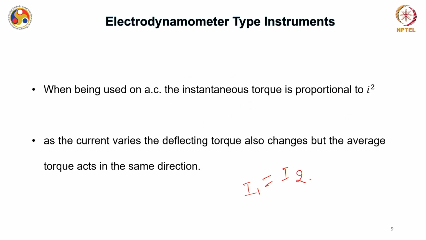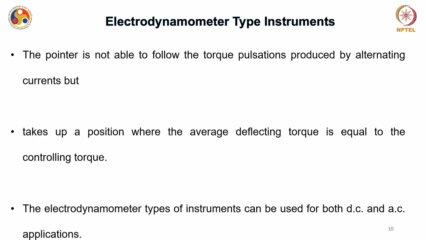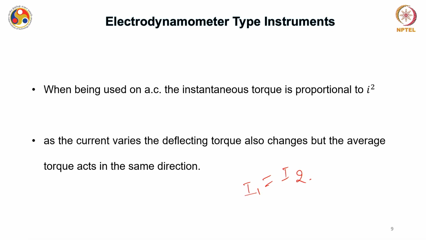So, when being used on AC, the instantaneous torque can be said to be proportional to I square. As the current varies, the deflecting torque also changes, but the average torque acts in the same direction.